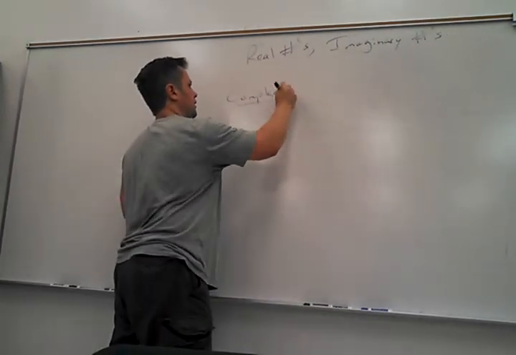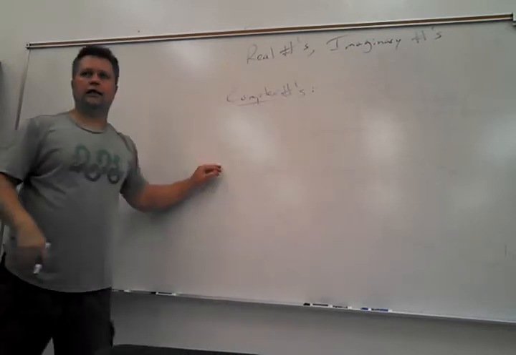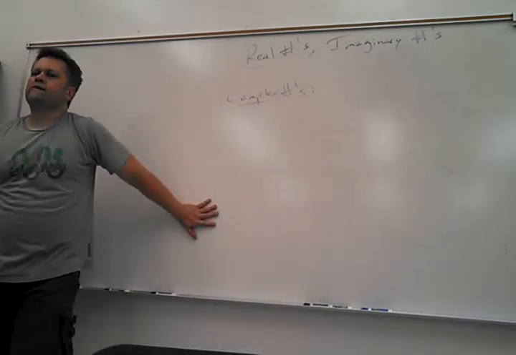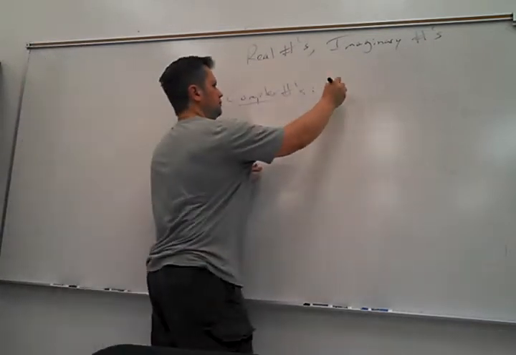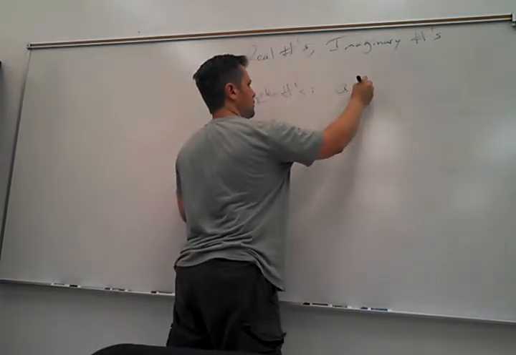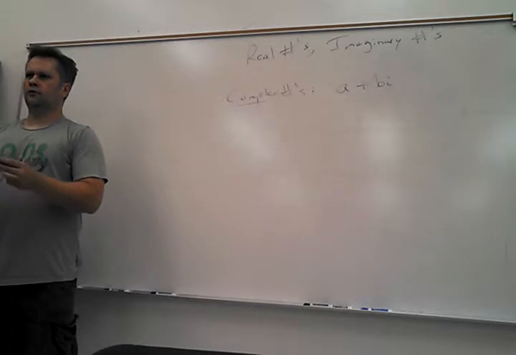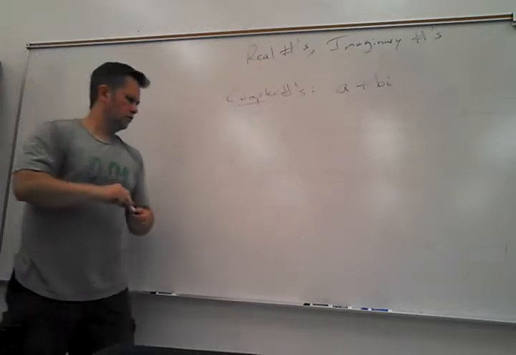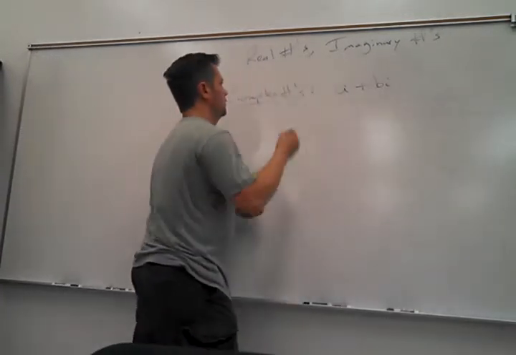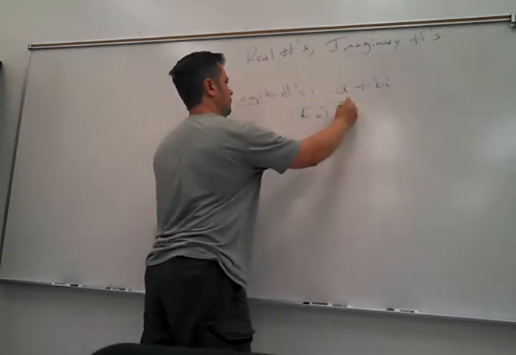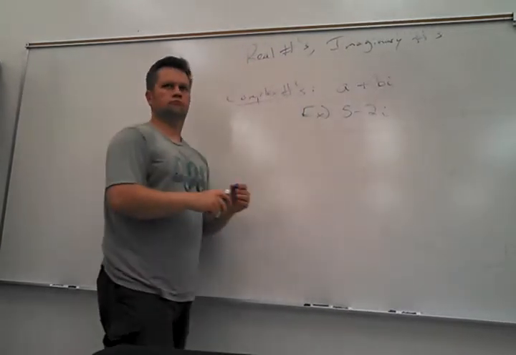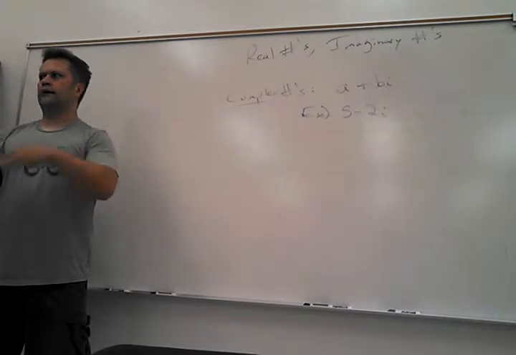Again, you guys are like, that's basically exactly what I call this. But if I have a real part and an imaginary part, that's a complex number. So, for example, if I have 5 minus 2i, that's a complex number.